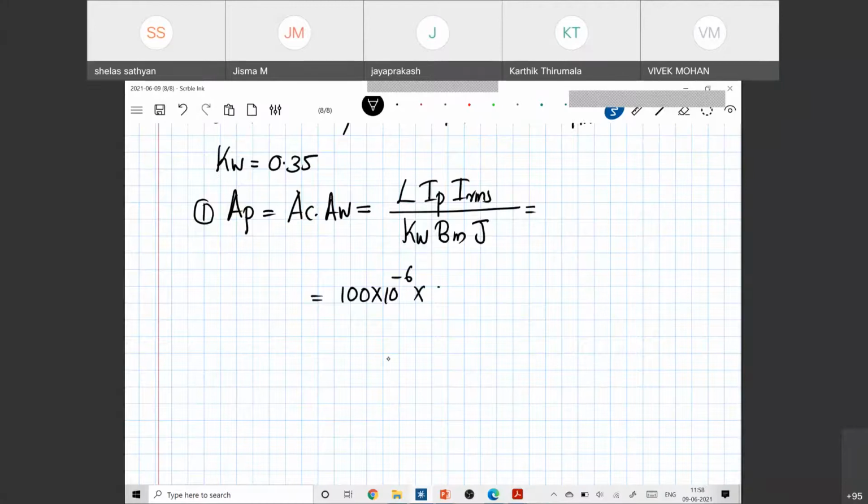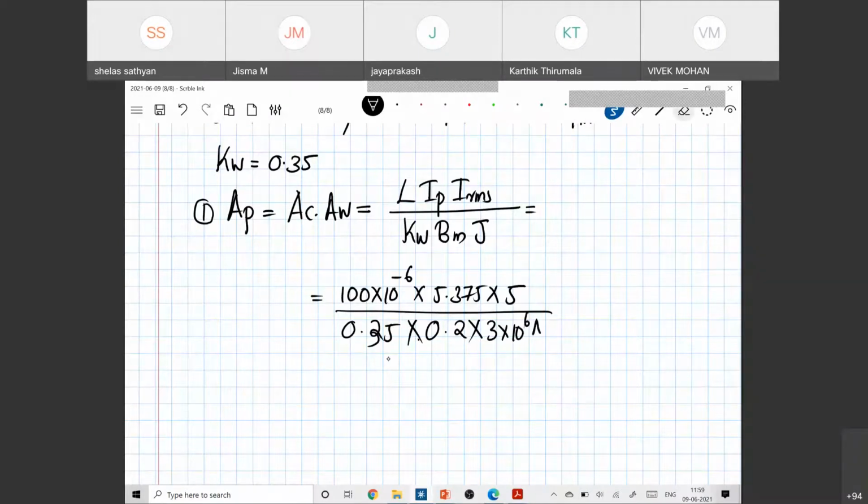The peak current is 5.375 amps. IRMS current is almost equal to 5. KW is 0.35, which I chose. The maximum flux density is 0.2 Tesla. And J is something which I chose as 3 into 10 raised to 6 amps per meter square.